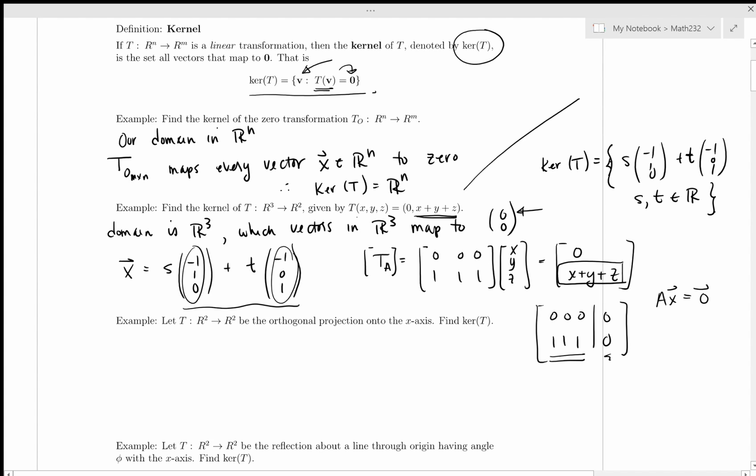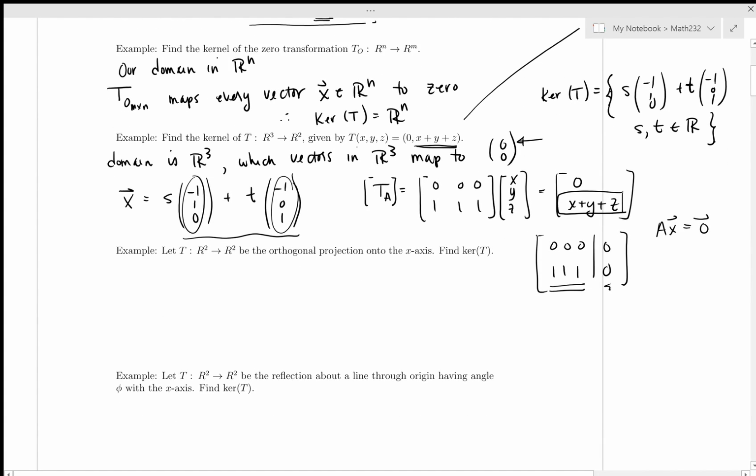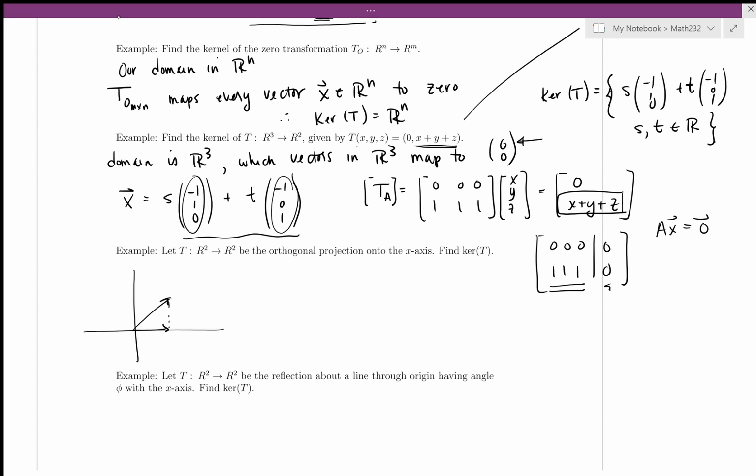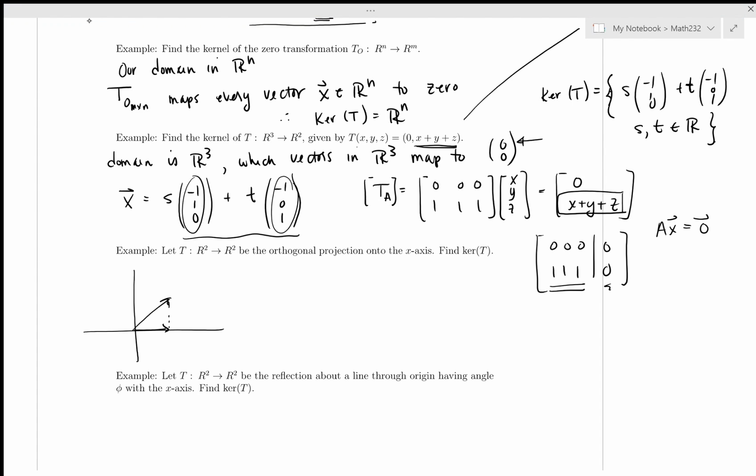Okay, let's take another example. We have a transformation that maps R2 to R2, and it's the orthogonal projection onto the x-axis. What is the kernel? So we're imagining taking any vector and projecting it onto the x-axis, and we're asking for which vectors do we end up with 0. What must happen is that any vector on the y-axis, when I project it down, will end up being the origin.